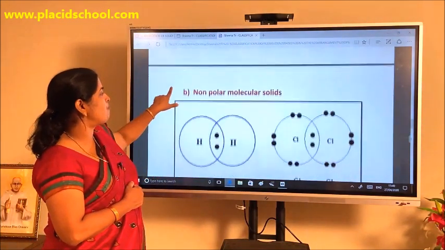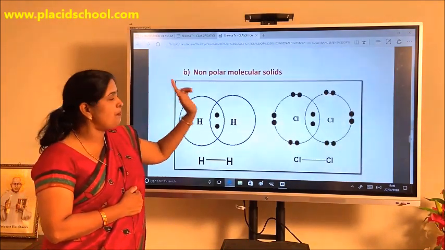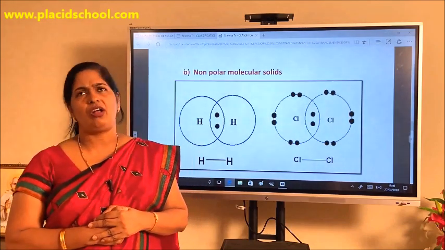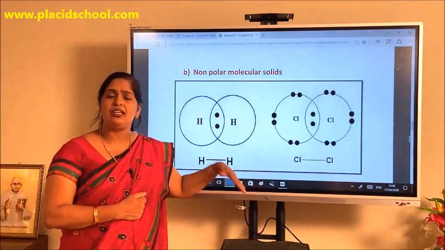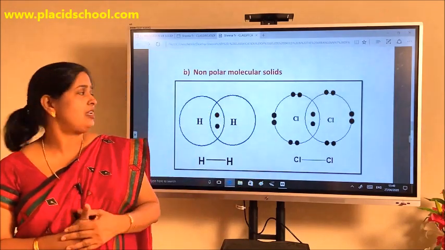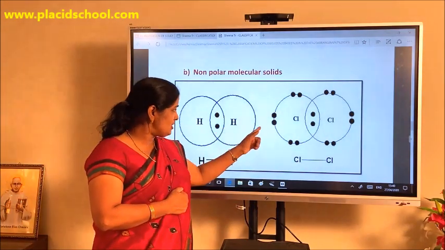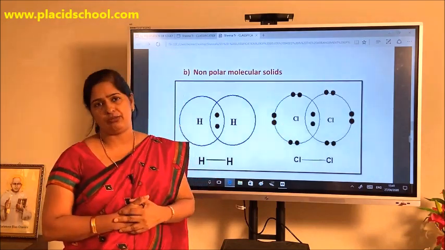The second type of molecular solid is nonpolar molecular solid. Nonpolar molecular solid examples are solid hydrogen, solid chlorine, solid iodine, solid argon, etc. Here we are talking about the interaction existing between one molecule and the other molecule.